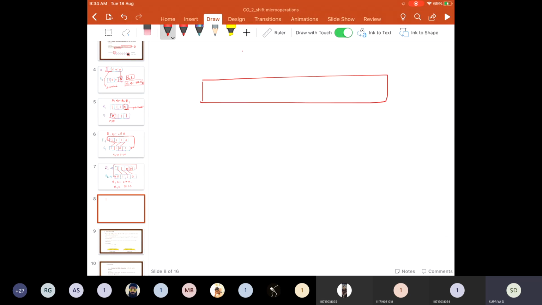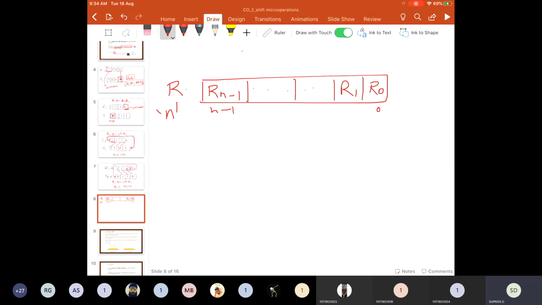This register R stores n bits of information, numbered R0, R1, and so on up to Rn-1. Or it can be 0 to n-1.